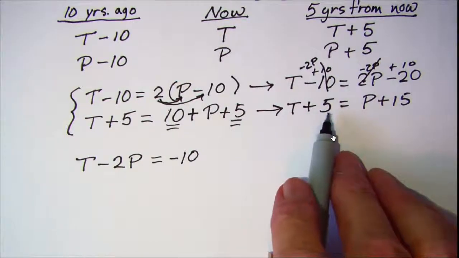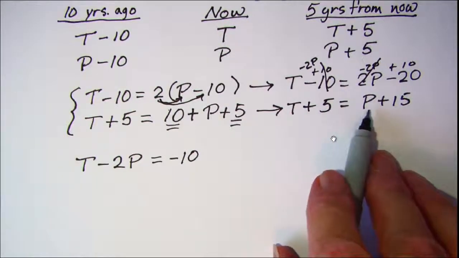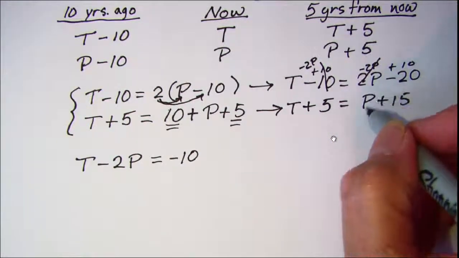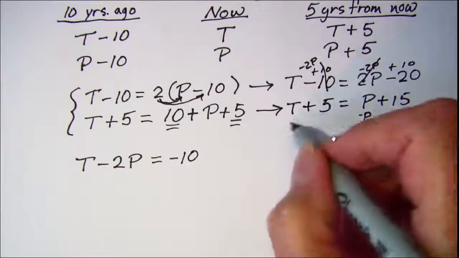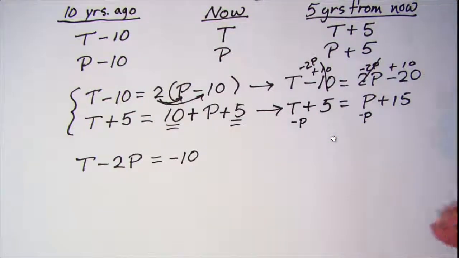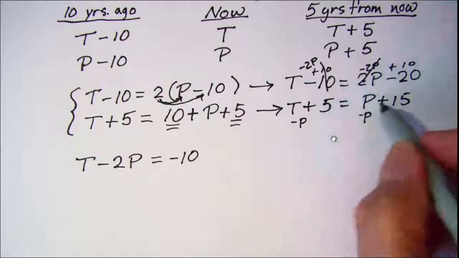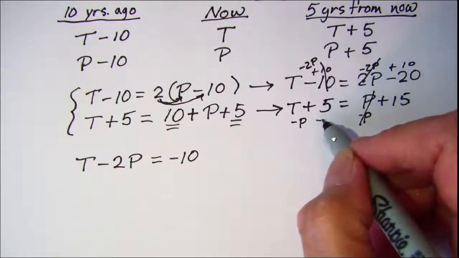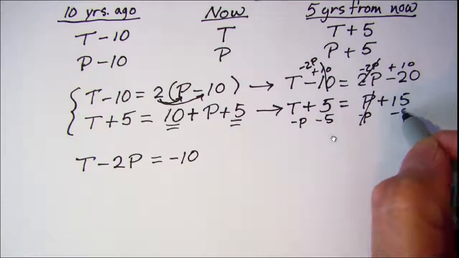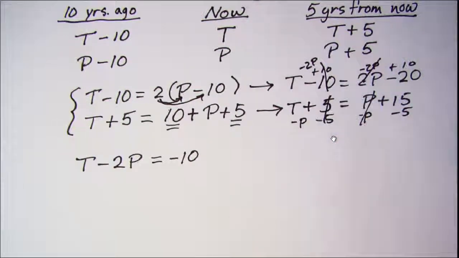Let me also move the P to the left on this one. And I'll move this, that'll cancel those off. And I'll subtract 5 from both sides on this one, and that'll cancel these off.